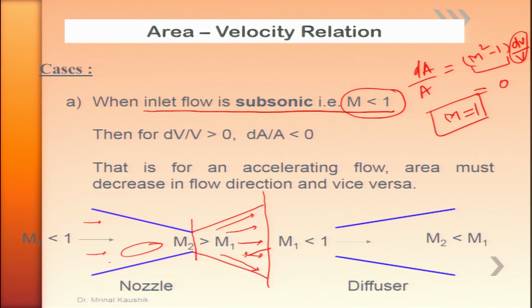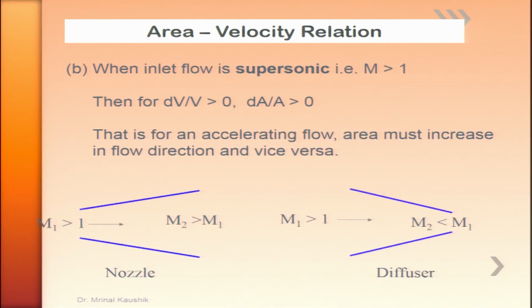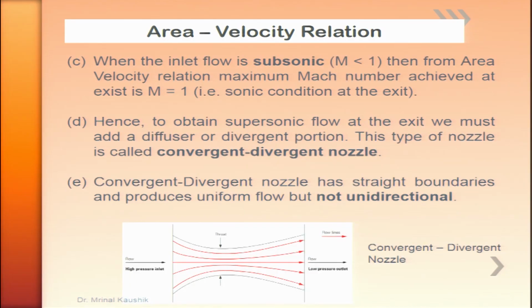They are uniform but in different directions, that is, not unidirectional, and this kind of nozzle is termed a convergent divergent nozzle.